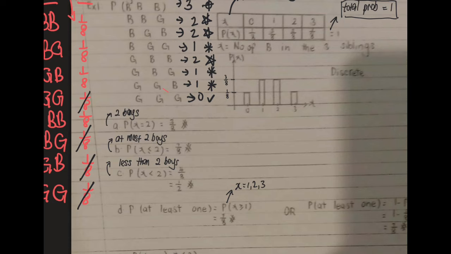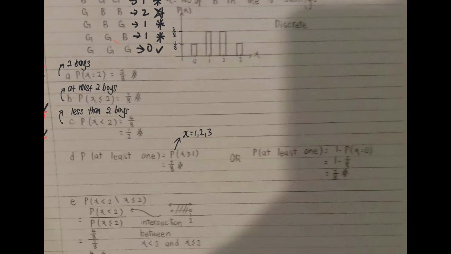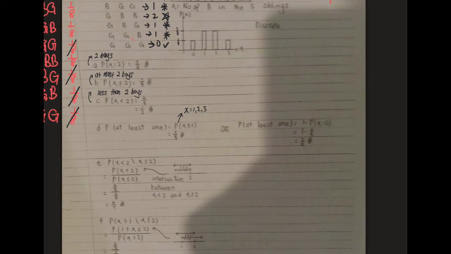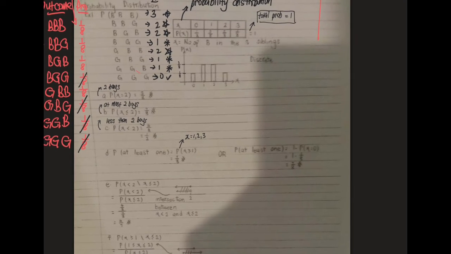Of course, if you continue looking at this, there is an alternative way also. If you don't want to count directly, where you have to add up 1 boy, 2 boys, and 3 boys, there is another way, which is the opposite way. We use this way when you have too many probabilities to add up. Here you have 3 values to add up, so actually it's not a big deal. But if you don't want that, you can do it the opposite way. You take the total 1 minus the probability which is not included.